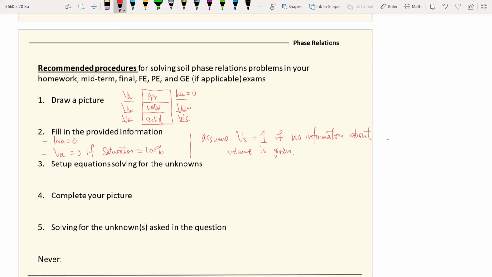And how many equations do you need? That depends on how many unknowns you have.